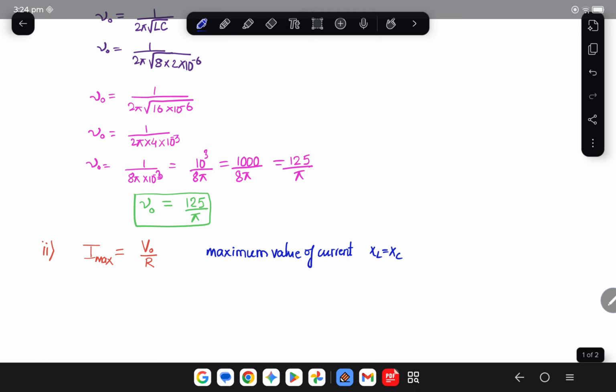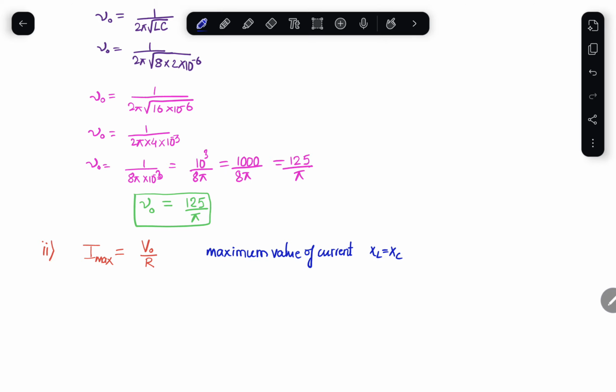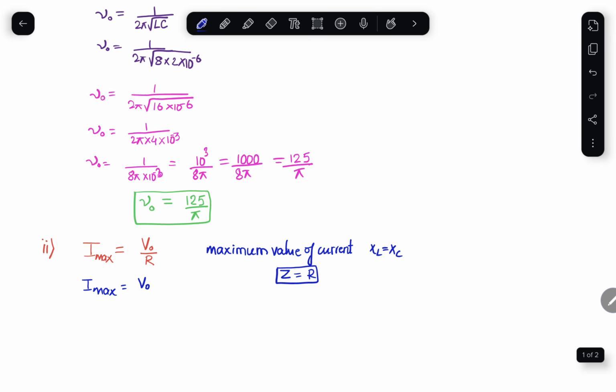When XL is equal to XC, then whatever the value of Z, that impedance must be equal to R. So the formula I max is equal to V naught by, sorry, not V naught by R, this is V naught by Z. So this Z now becomes R. That's why the formula I max is equal to V naught by R.